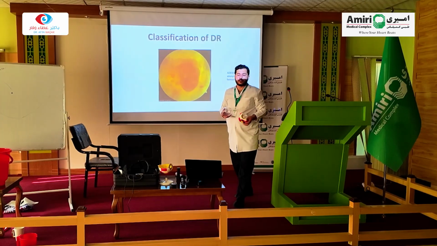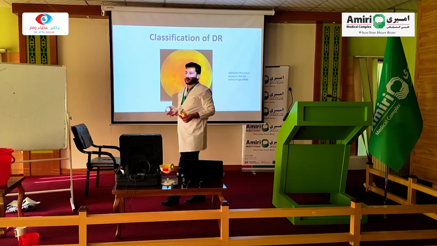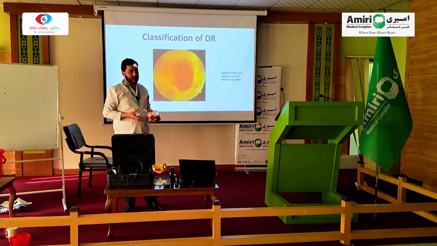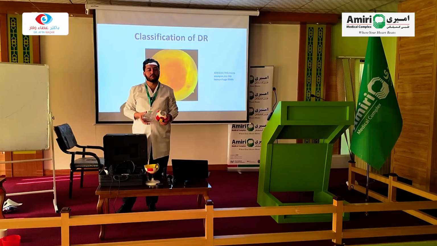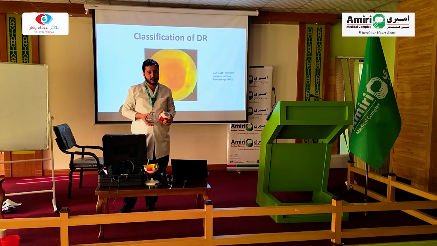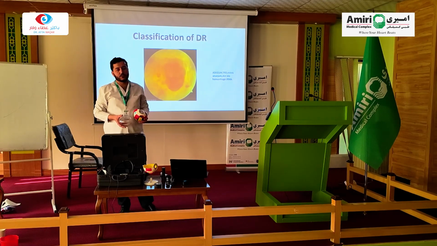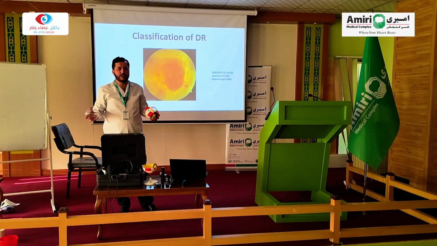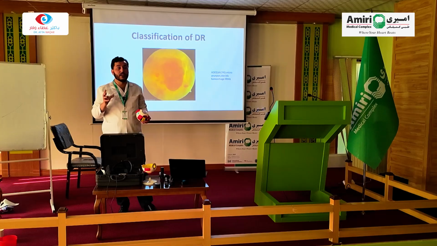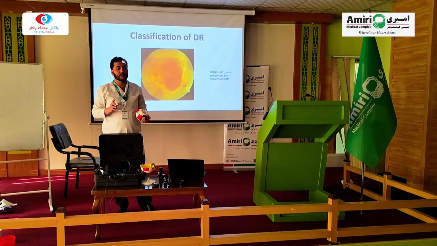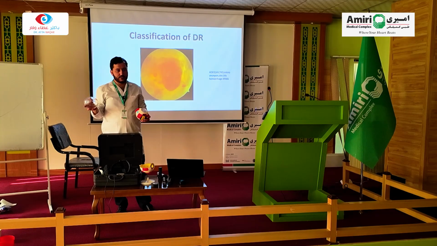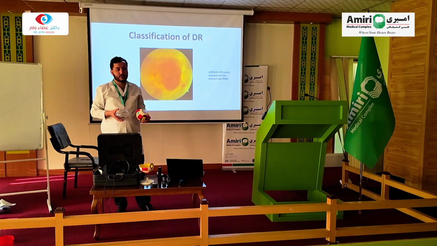I have seen patients who have had diabetes for 30 years, but they have good control in HbA1c, good control of hypertension, and also good control of hyperlipidemia. I have not seen any kind of changes, even microaneurysm. But I have seen patients who have had it just 10 years and there are advanced changes.